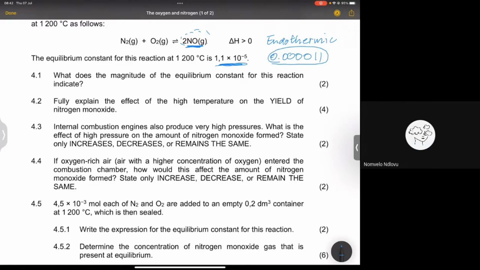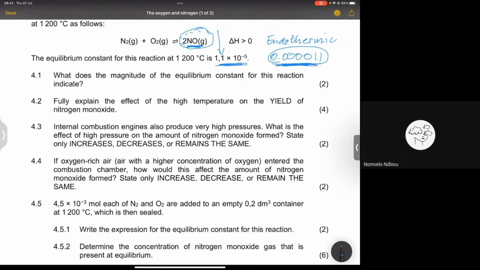So when the value of the equilibrium constant is a very small value, what it simply means is that there is a poor yield of products. It means that there are fewer products being formed, products being what is on the right-hand side, than there are reactants.